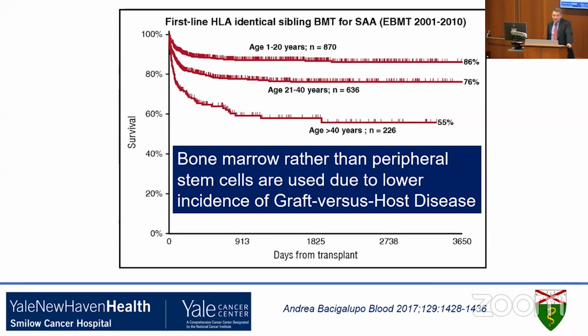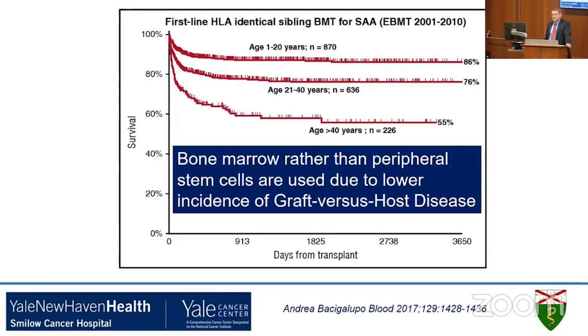So bone marrow is actually used as the source of stem cells. Most of the allogeneic stem cell transplants we do, we use to treat hematological disorders, hematological malignancies. Stem cells are collected from peripheral blood of the donor. In patients with aplastic anemia, collection from the donor happens from the bone marrow. So basically, these donors have multiple bone marrow biopsies under anesthesia when stem cells are collected.